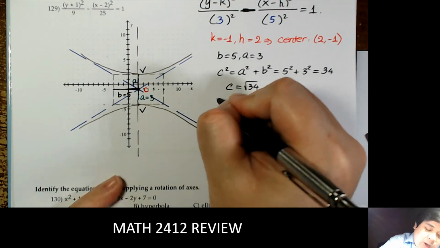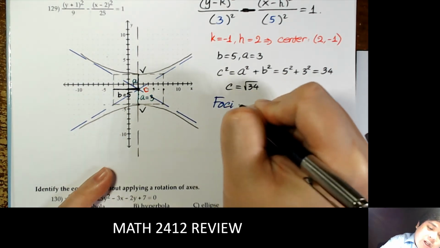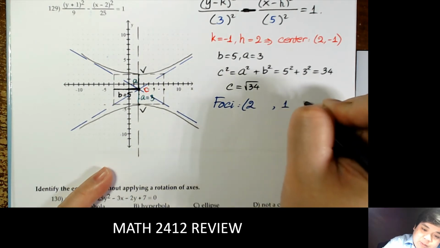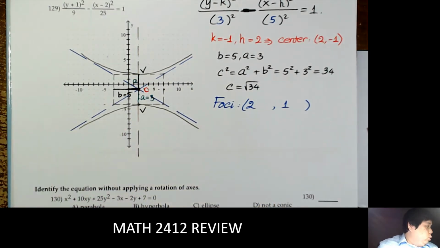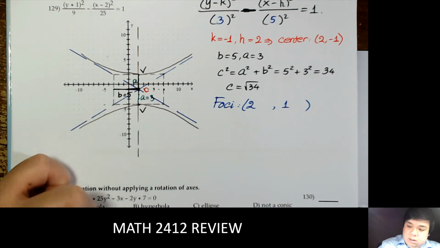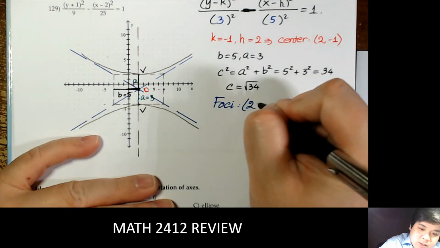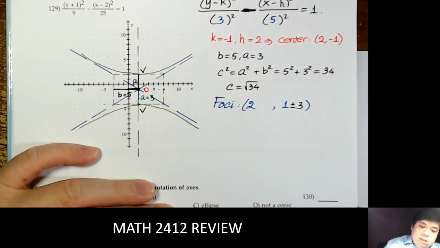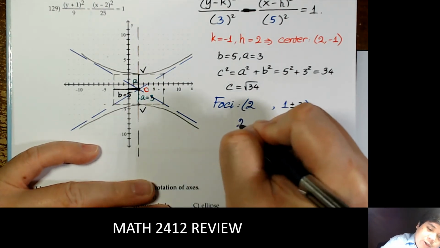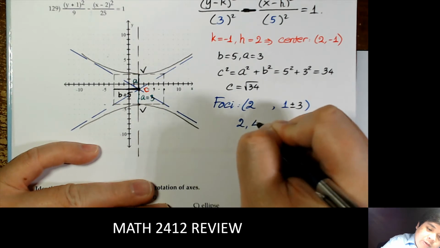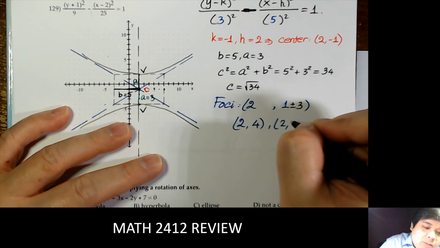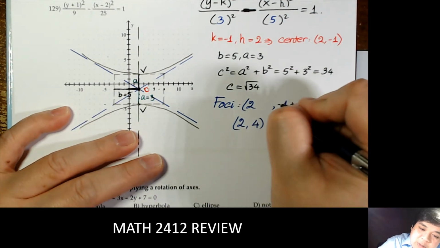If we're going to write that, the foci, based on the center, we go up 3 and down 3. So we're going to add to the y component. So we have 2, 4, and 2, and it's -1.